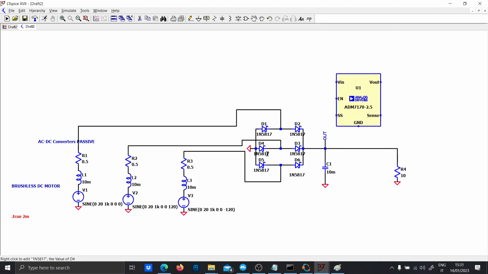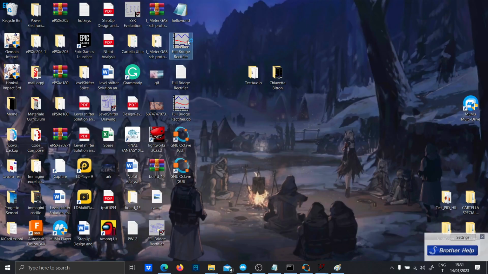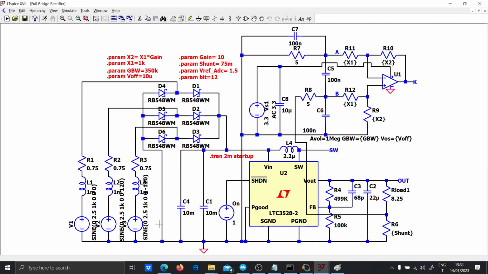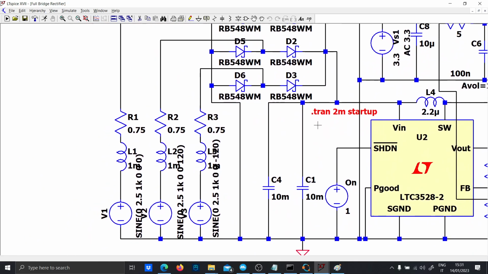Now I will open a real project, which I made for myself. Sorry, I don't know why this is empty. So this is the full bridge rectifier that I made for the project. As you can see, the first part is basically the same as what I showed you.